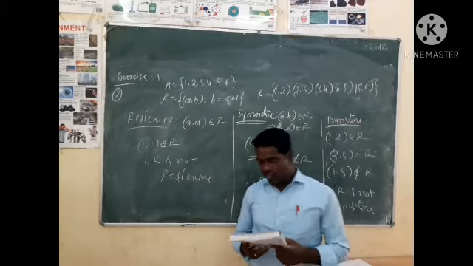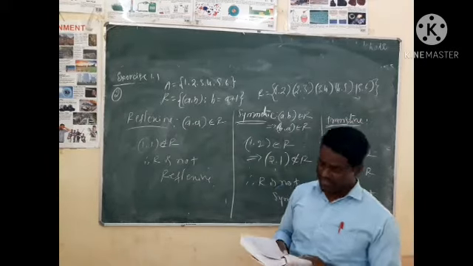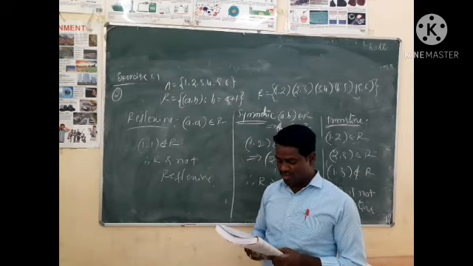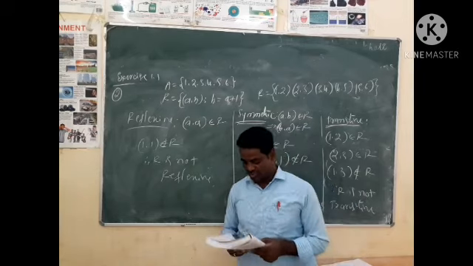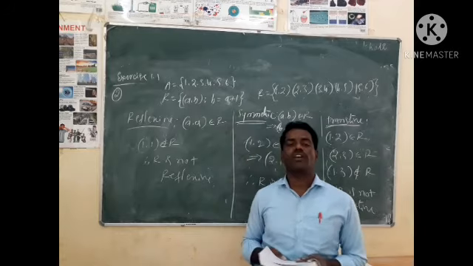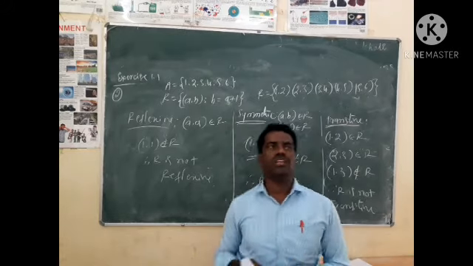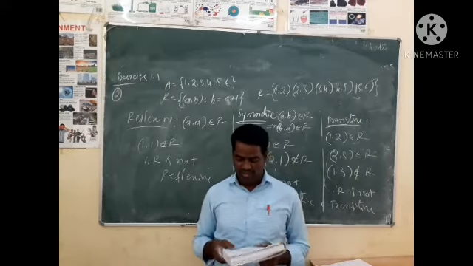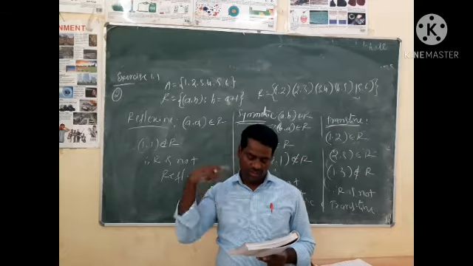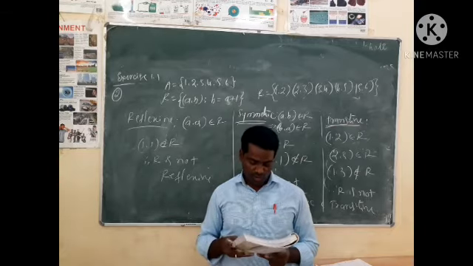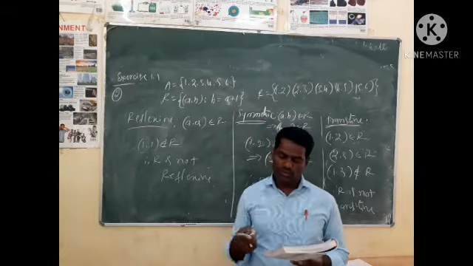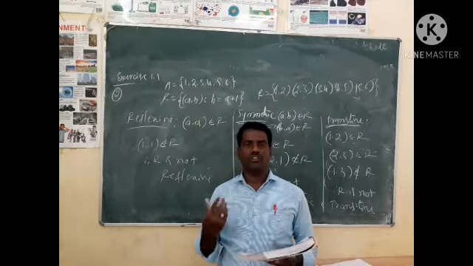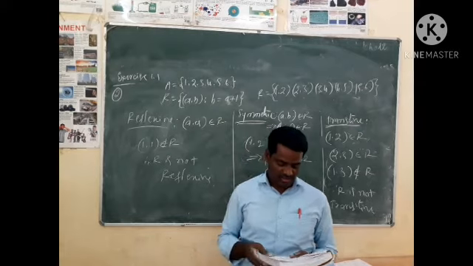Here we have the fourth question. R = {(a, b): a ≤ b} is reflexive and transitive but not symmetric. Yes, because taking a = 1, (1, 1) belongs to R, so R is reflexive. Next, (1, 2) belongs to R but (2, 1) does not belong to R, therefore it is not symmetric.